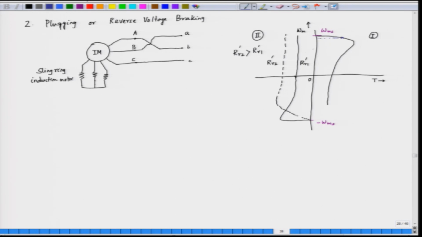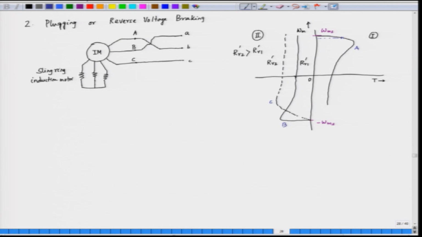Now, when we immediately change the phase sequence, the normal characteristic, say this characteristic is called A, this is B and this characteristic is C, let us say.